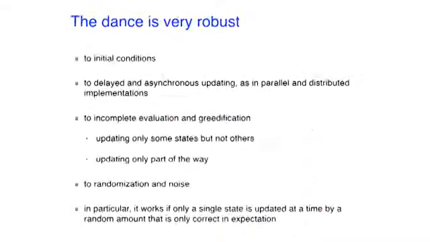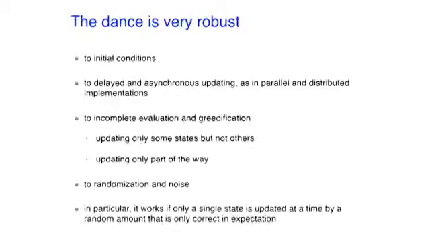Okay, and I want to say some more about it. One is that it's very robust. It doesn't matter how you start out. It doesn't matter how you do the updates. You can delay them, do it asynchronously with distributed computers. Or you don't have to really fully evaluate a policy, and you don't really have to fully greedify it. Like you might only make some of its states more accurately valued than others.